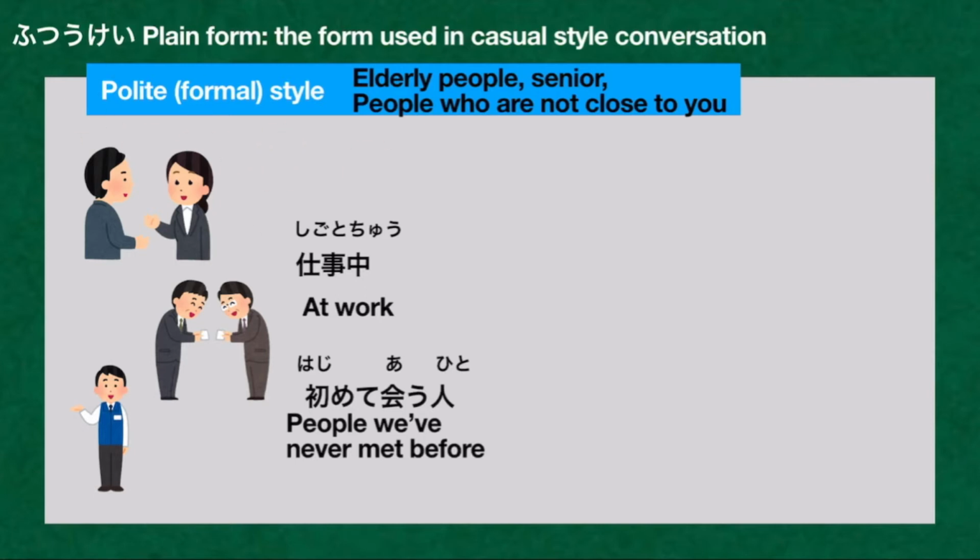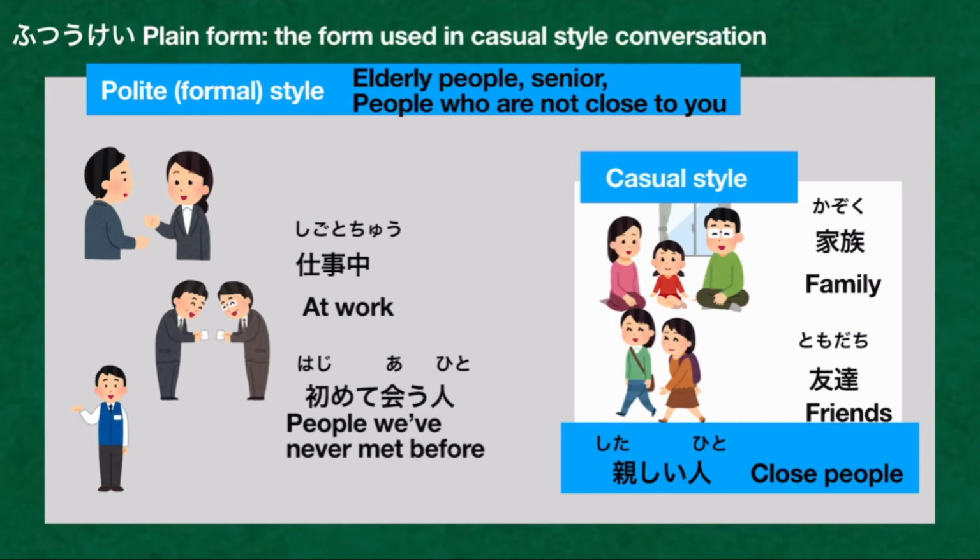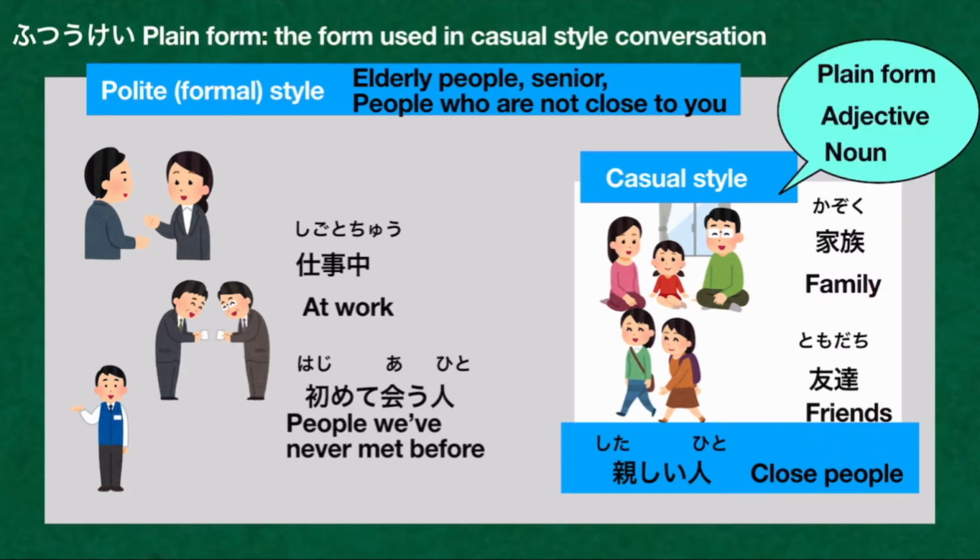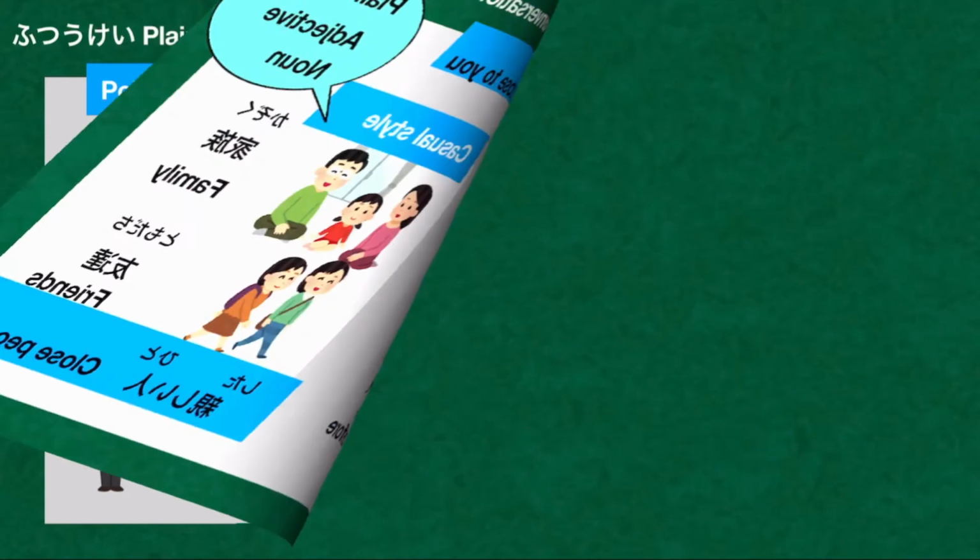However, we can use casual style conversation with close people like family and friends. Today we are focused on plain form of adjectives and nouns. So let's see the differences between polite style and casual style.